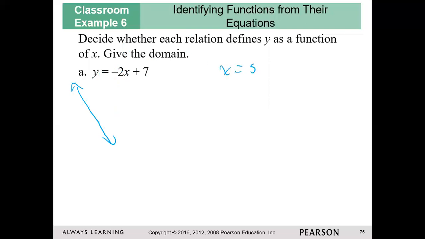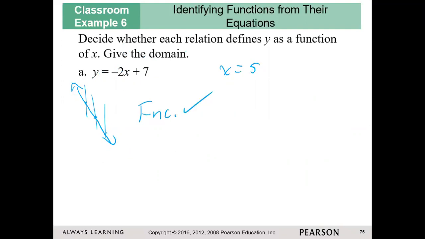X equals 5 would fail the vertical line test pretty miserably because this is the equation of a vertical line at 5. But this one looks like it's totally fine, only touches once, only touches once, only touches once. So this is a function, definitely.